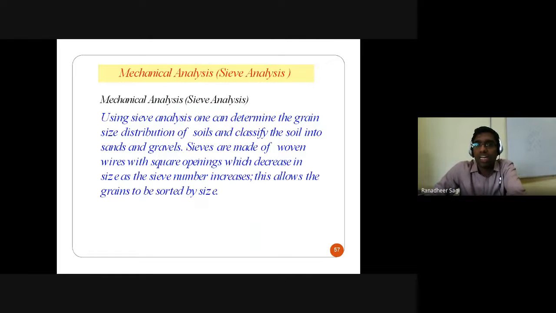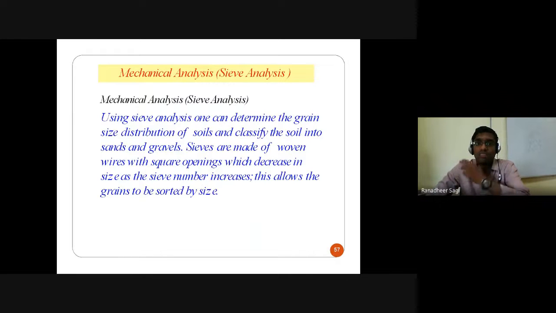Using sieve analysis, one can determine the grain size distribution of the soil and classify the soil as sand or gravel, depending on whether the sand particle proportion is high or the gravel particle proportion is high in those coarse grain particles. Depending on that, we categorize it as sandy soil or gravelly soil.